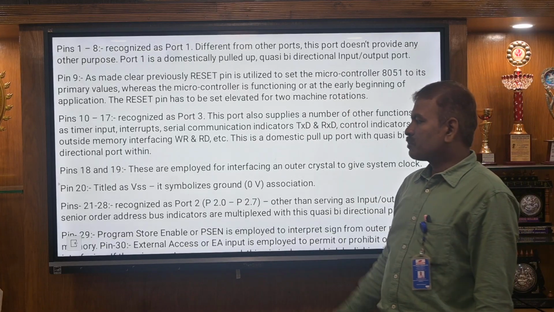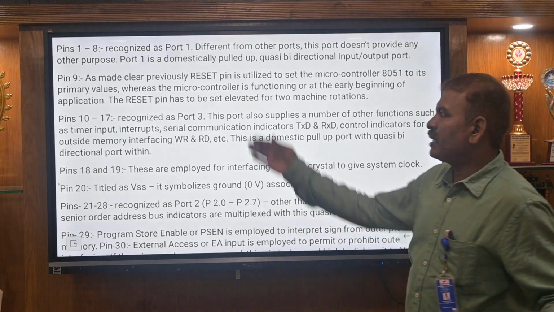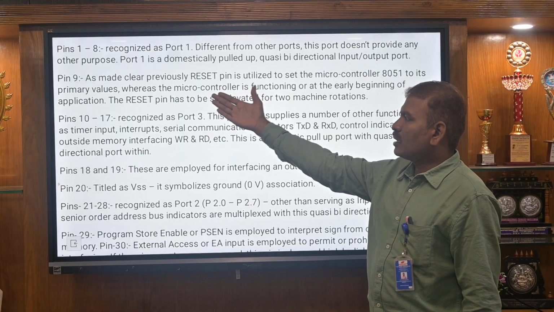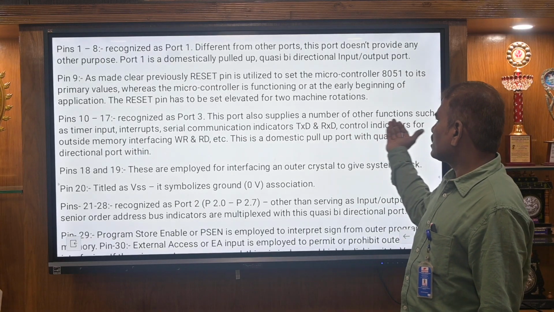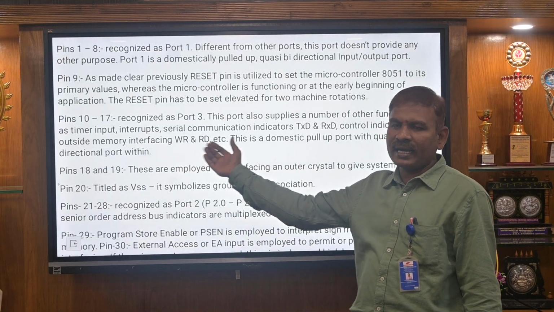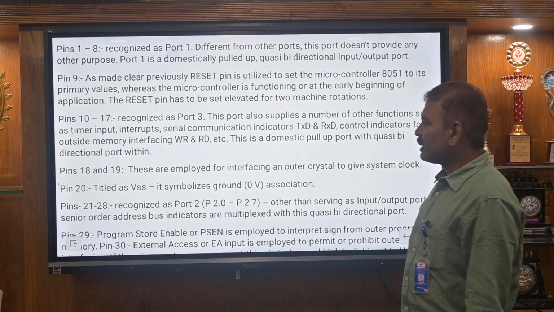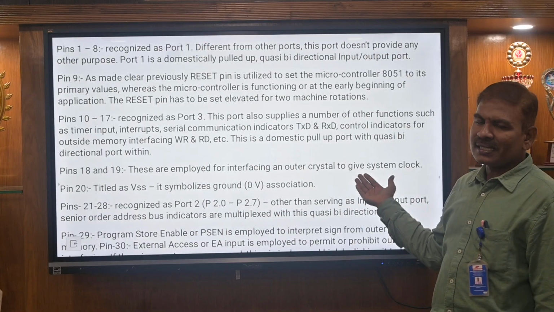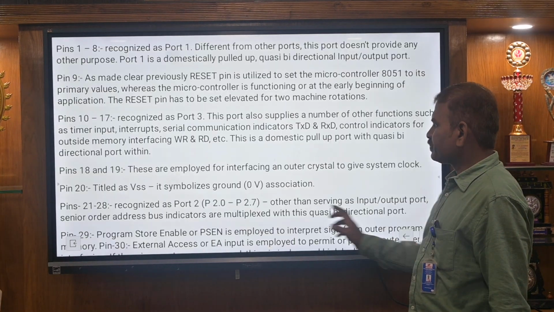This is the explanation of pins; various pins we have now discussed. Pins 1 to 8 are recognized as port 1, and then pin 9 is made as the reset pin. Pins 10 to 17 are port 3, which supplies transmit data and receive data, control indicators, and read and write memory processes, with quasi-bidirectional pull-up ports within the pin, and pins 18, 19 are acting as crystal pins.